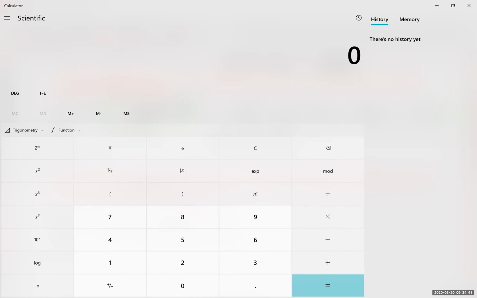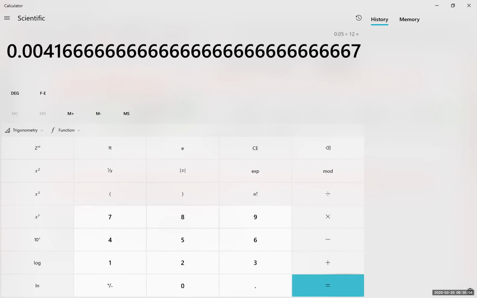The equation says 0.05, not 0.005, so let's erase that. Let me go from the beginning: 0.05, and then division, divided by 12. This will not be a nice number. You see this number here has lots of digits.